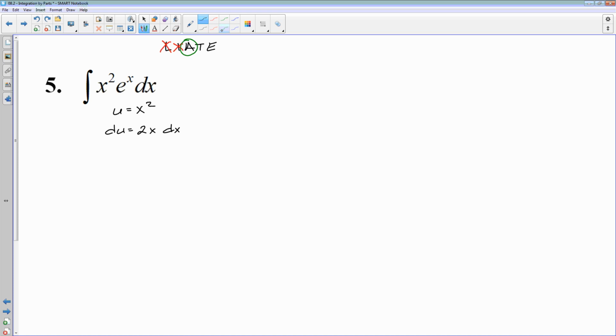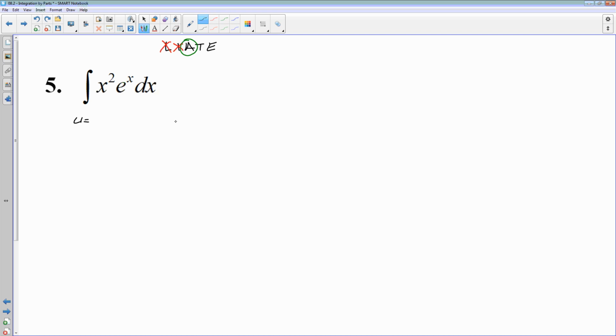You may be looking at this thinking, I need to find my 2x dx. I have an x dx. If I put a 2 there, you may think that creates a du, but the problem is that's 2x in an exponent. It's not 2x times the dx. So regular u substitution fails, but always be on the lookout for it, because every once in a while, when you think you're going to do parts, substitution actually works. So anyway, back to parts.